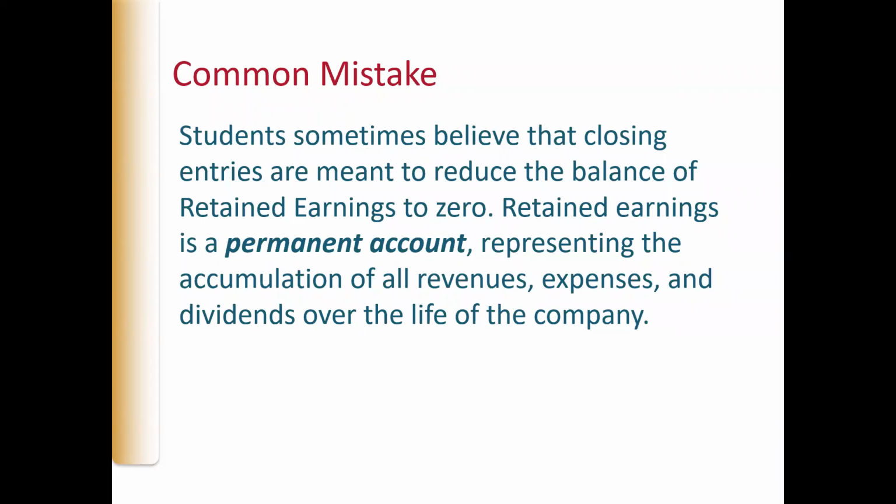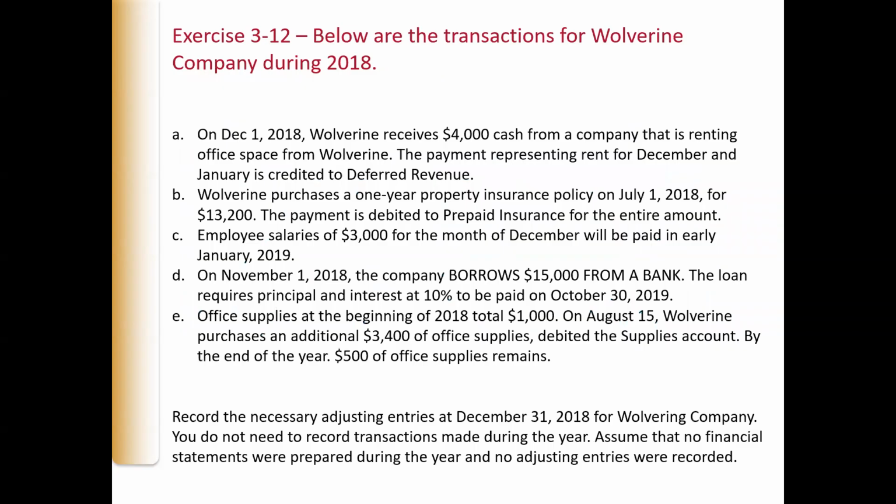Students believe that closing entries are meant to reduce the balance of retained earnings to zero. No. Remember that retained earnings represents the accumulation of all revenues, expenses, and dividends over the life of a company.